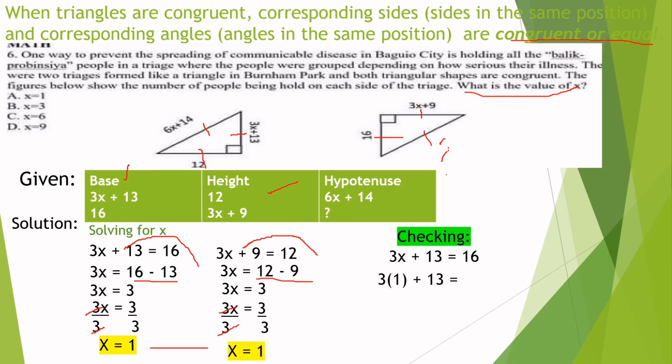So we have 3 times 1, which is our x, plus 13 is equal to 16. And 3 times 1 is 3, plus 13 is 16, which is equal to 16, which is correct. So if both sides are equal, then your answer is correct.